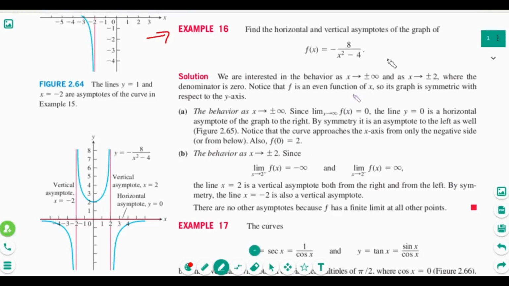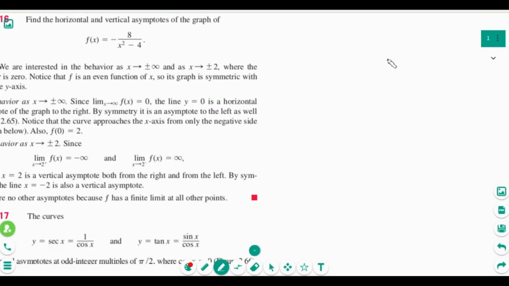Then the graph of minus 8 by (x square minus 4). So you say x tends to infinity, right?